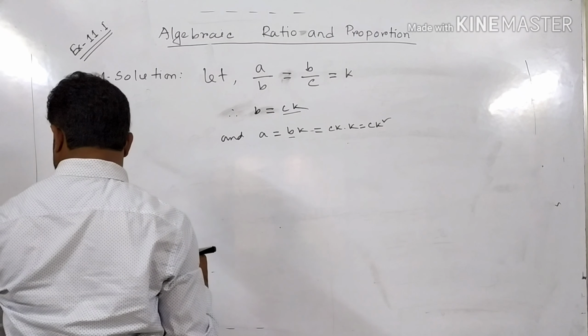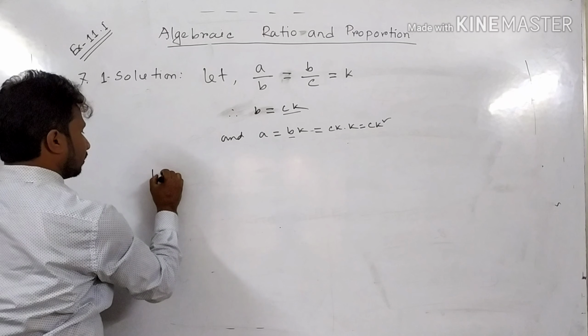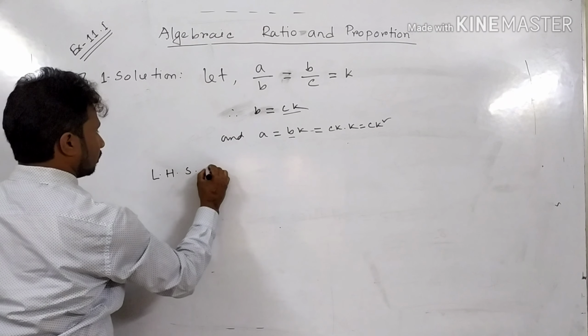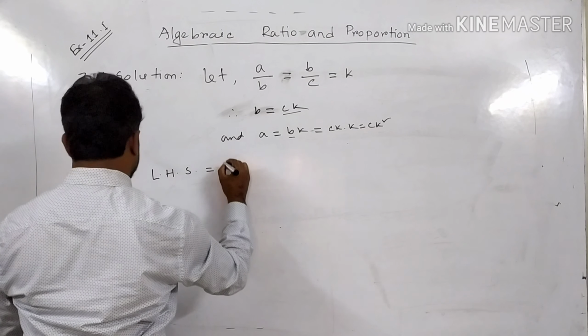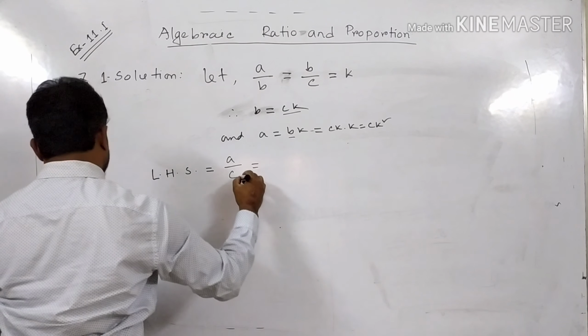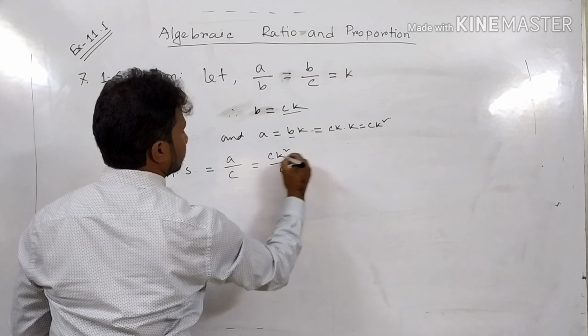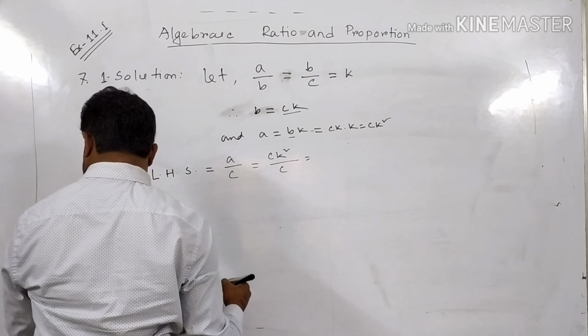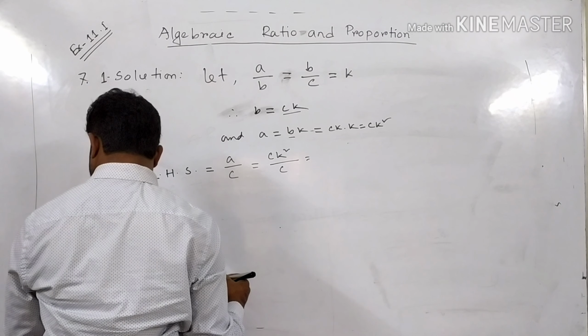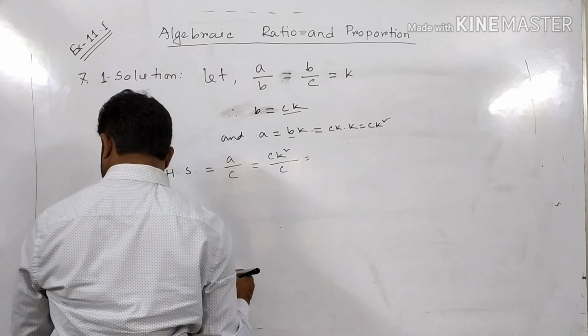Now, in question number 1, left hand side equals A by C. The value of A is CK square, C omit, you will get K square.